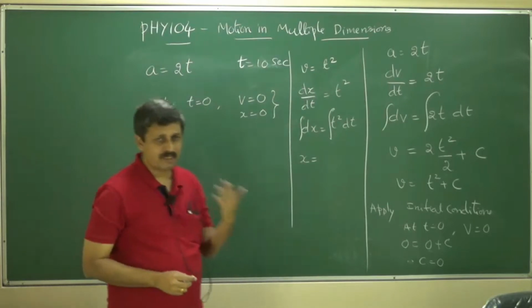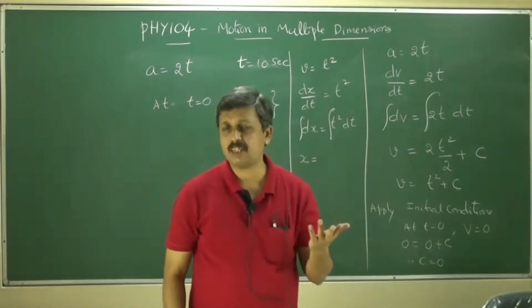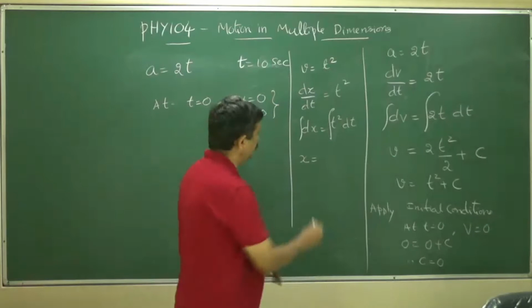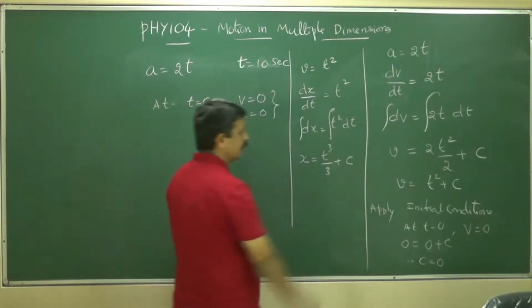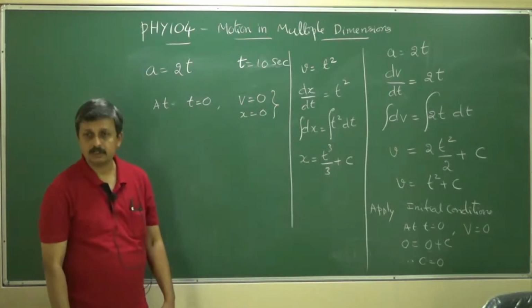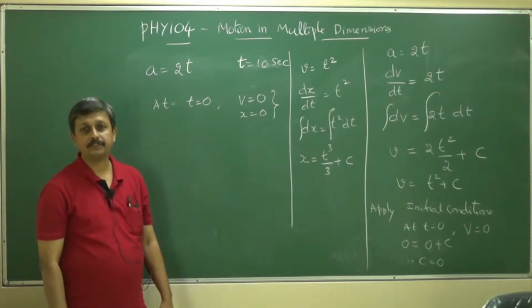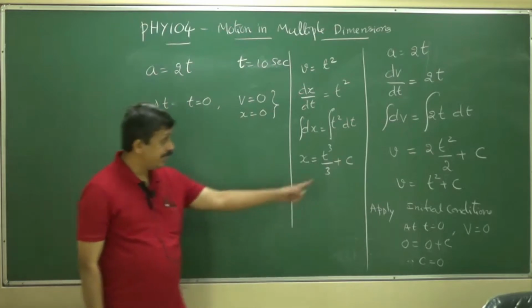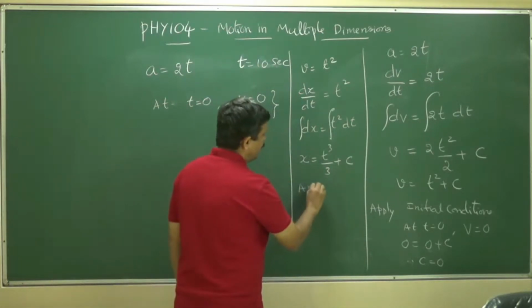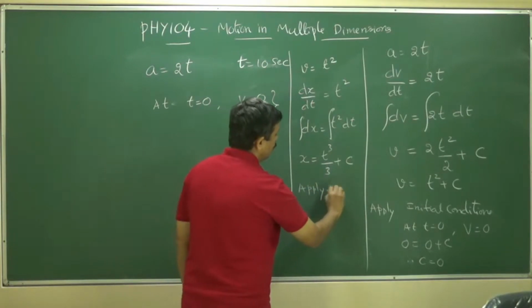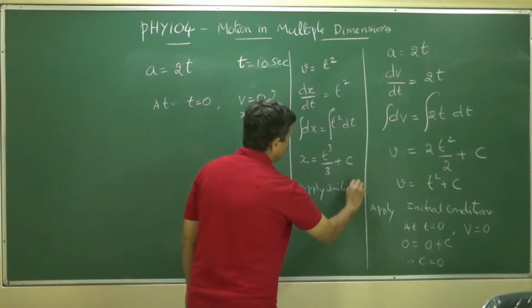x is equal to the integral of t square. So t to the power of n, when you integrate, you get t to the power of n plus 1 by n plus 1. So this is t to the power of 3 by 3 plus c. Now you have to again calculate what is the value of c. For that I will apply initial conditions.